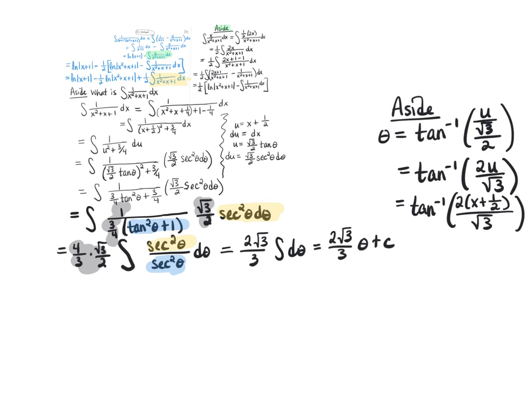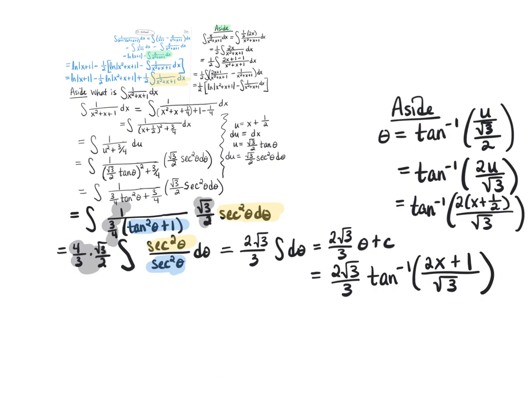Whenever you see me write it down here, you will see what we get when we distribute that 2. So it's 2 square root of 3 over 3 times tangent inverse, because we know what theta is. This is theta. So tangent inverse of 2x, because we're distributing the 2, plus 1, because 2 times 1/2 is 1, all over square root of 3.